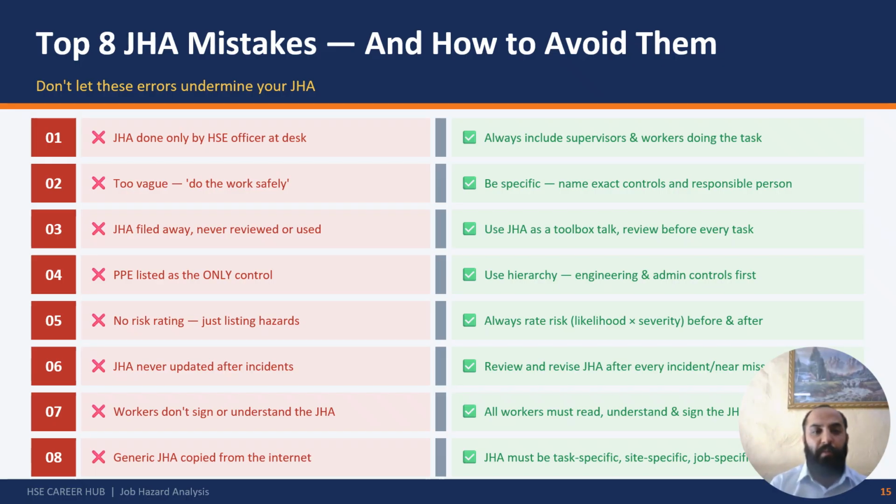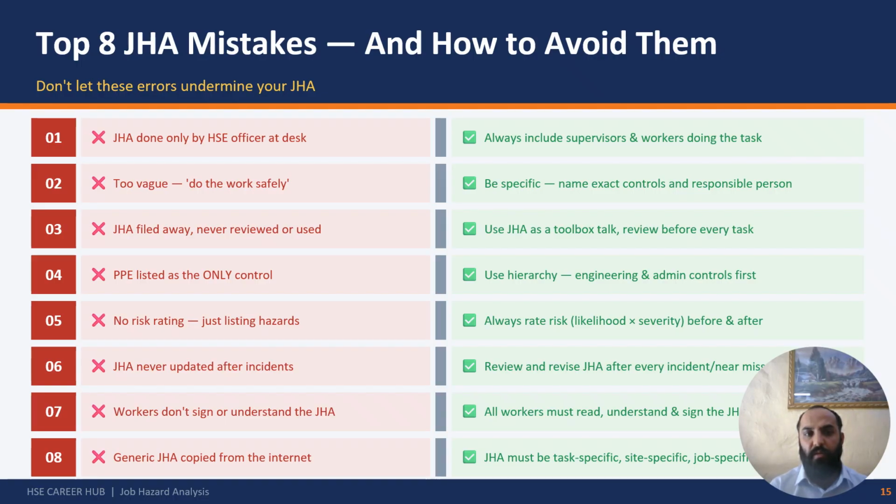Okay, mistake 4 that I have noticed is PPE listed as the only control. Hazard: fall from height. Control: wear helmet. A helmet is for your head hitting something. It's not fall protection. PPE is the last resort of control, not the first priority.